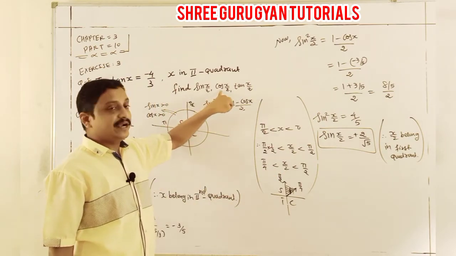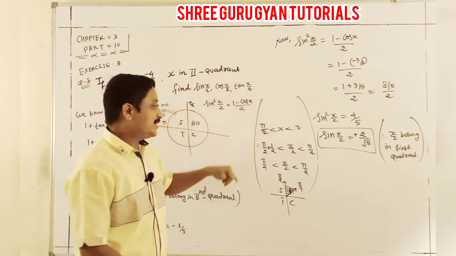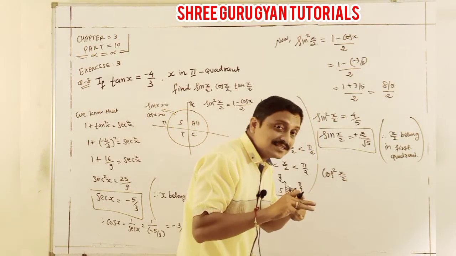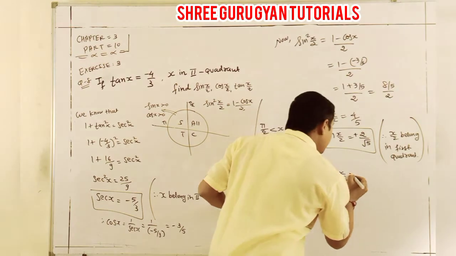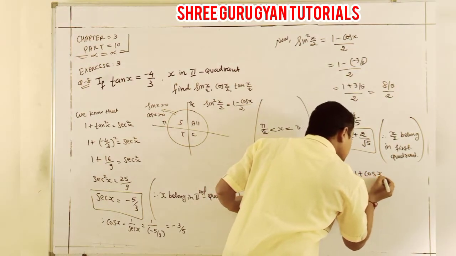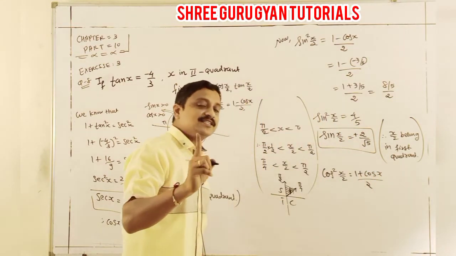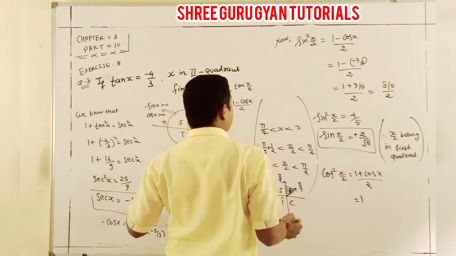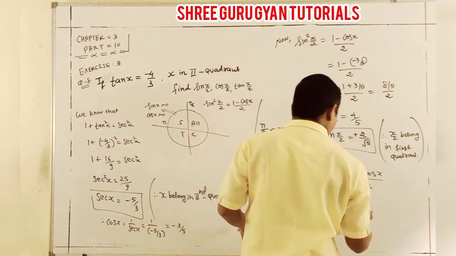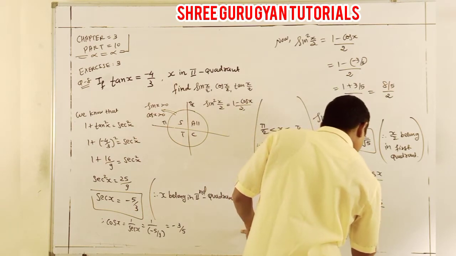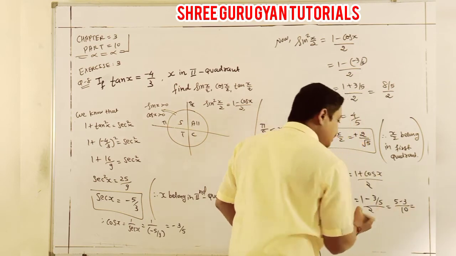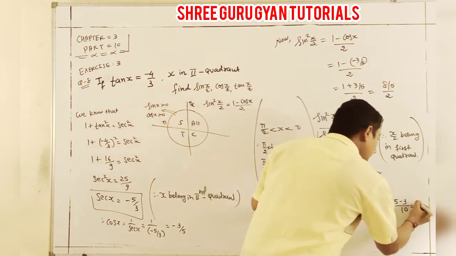Now I move ahead to the next one, cos x by 2. Also check your formula list, fifth group: cos square x by 2 is 1 plus cos x by 2, already written, and cos x is what? Minus 3 by 5, over 2. So 5 minus 3 by 10, which is 2 by 10.